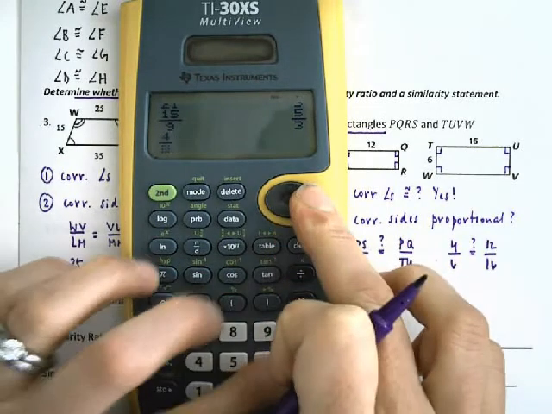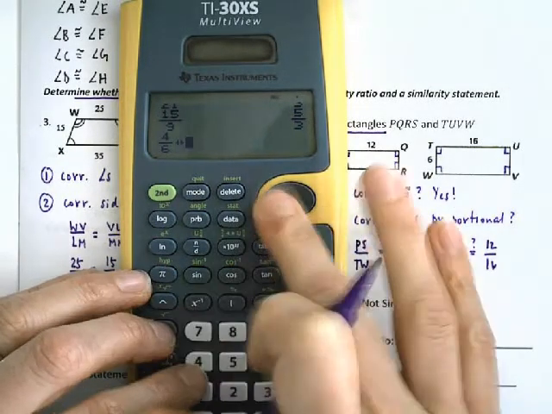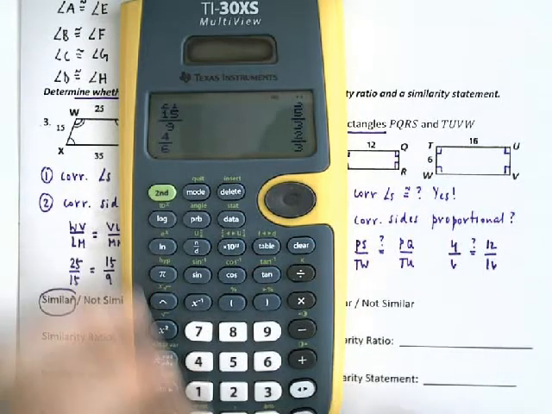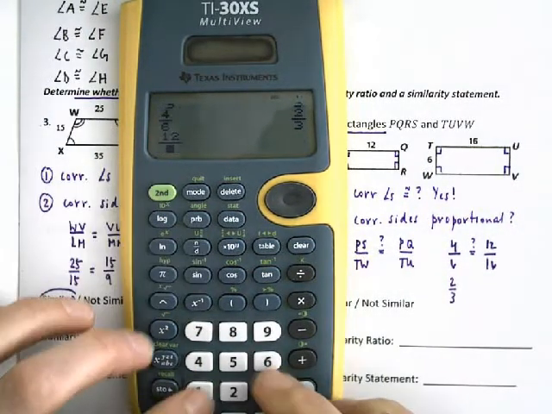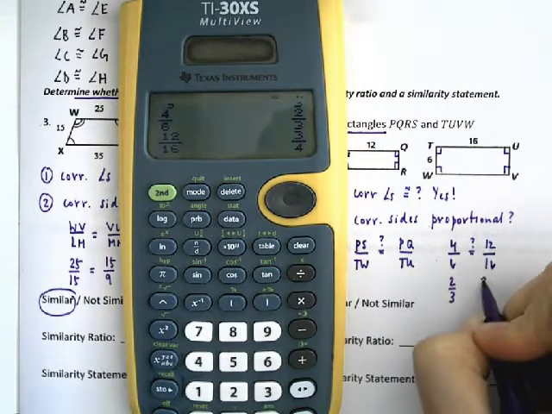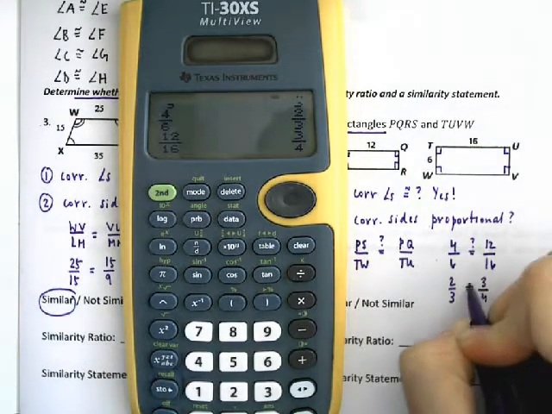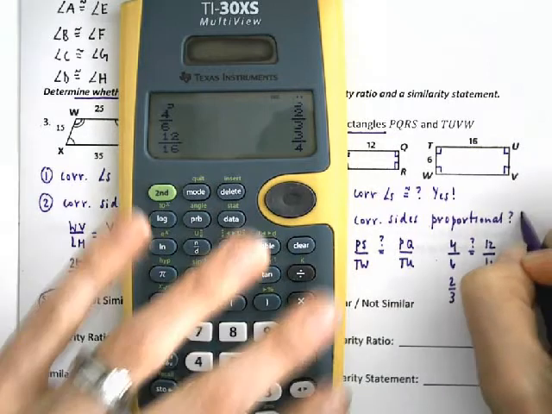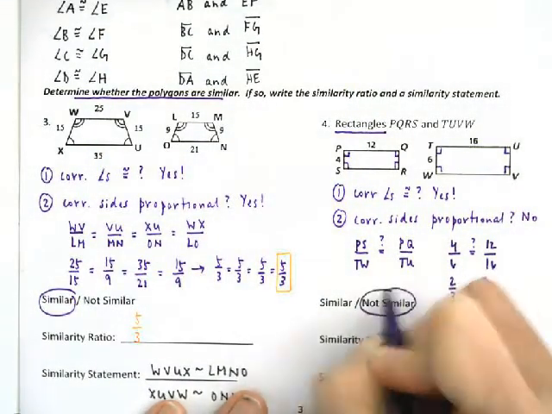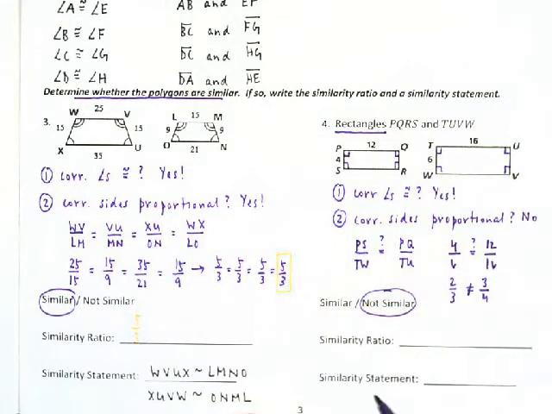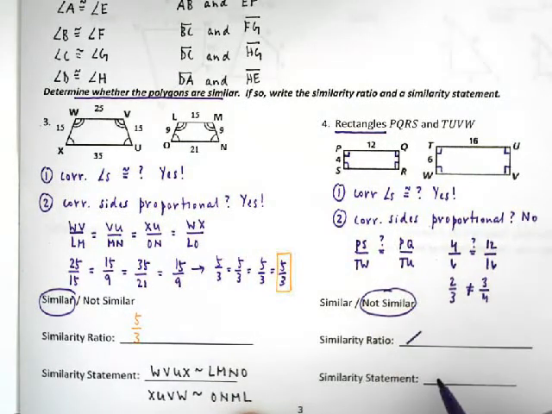So I've got 4 over 6, gives me a ratio of 2/3. Then 12 over 16 gives me a ratio of 3/4. Those are not equal. So since I kind of failed that second question, I know my figures are not similar. If they're not similar, then I have no similarity ratio and no similarity statement.